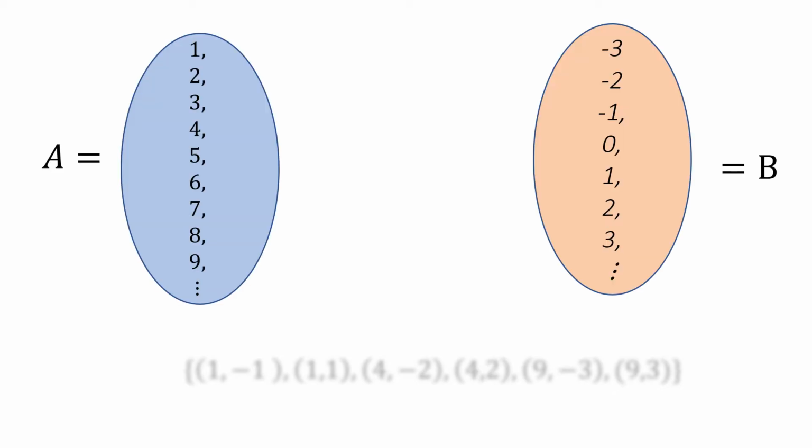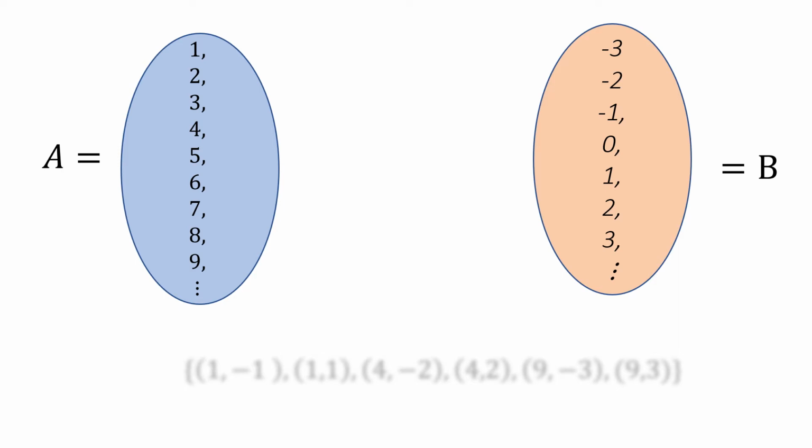Let us take a set A of natural numbers and a set B of integers and we start pairing them. But this time, instead of pairing each and every element of set A to each and every element of set B, we pair the elements based on a certain relationship.